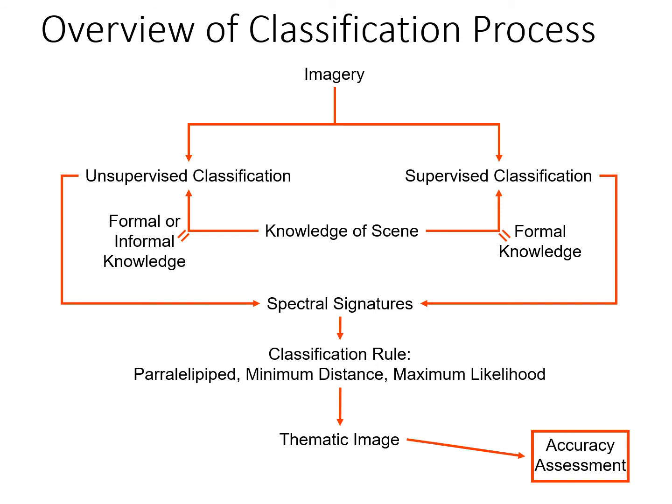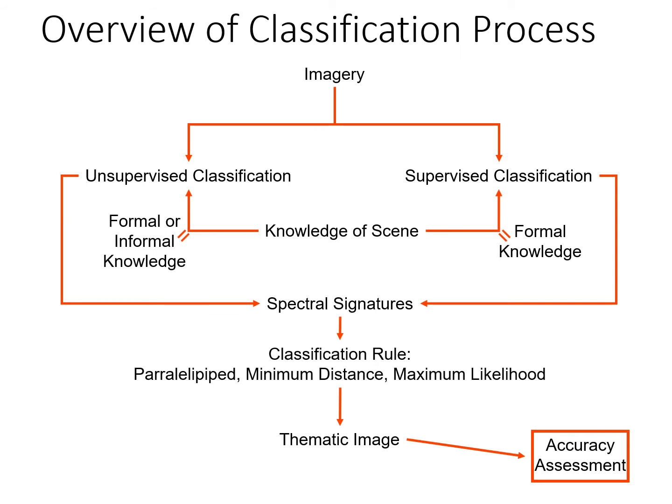So you might have an average for the 7 Landsat bands, and they would all be dark, low values for each one of the bands in that image. So then once you have spectral signatures, you can then use a classification rule.